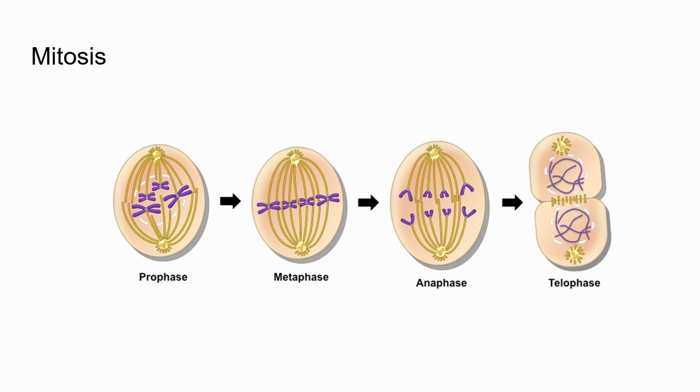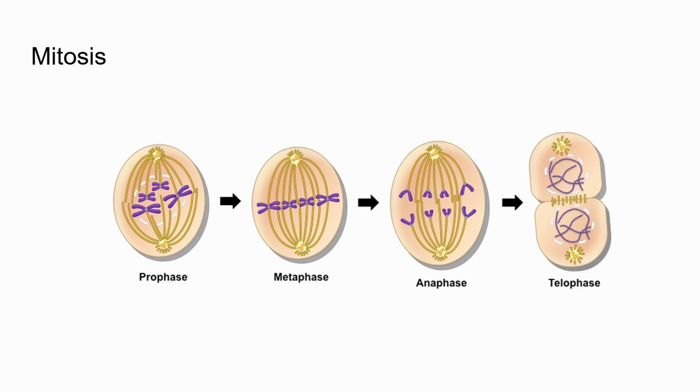These structures that contain genetic material, called chromosomes, first condense and the nuclear membrane dissolves. Then in the next stage, metaphase, the chromosomes align in the middle of the cell because of spindle fibers connecting to them, which are produced in the centrosomes.